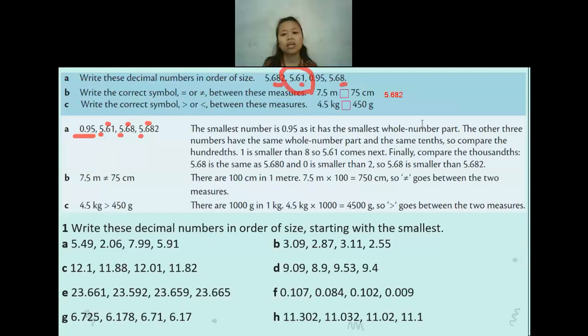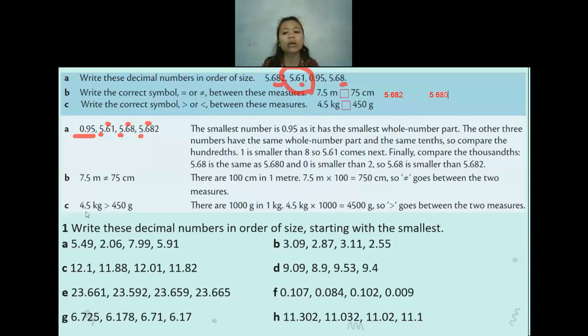Okay then. In here we have 5.682, and then the other number is only 5.68. The thousandths place in 5.682 is number 2. But for the other number, if there is no number, it means we can put another 0 on it.